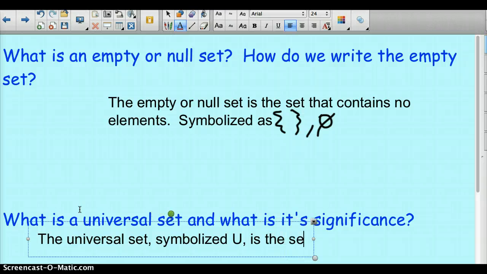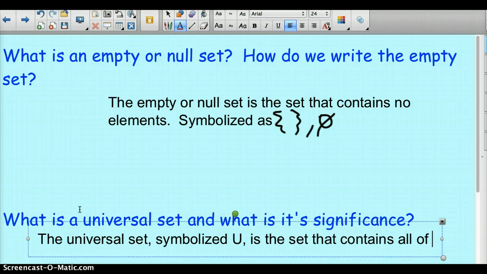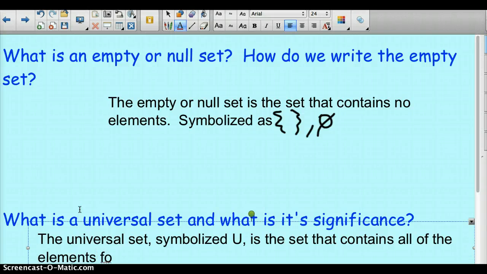It is the set that contains all the elements for any discussion. Easy stuff going on right there. That's the universal set.